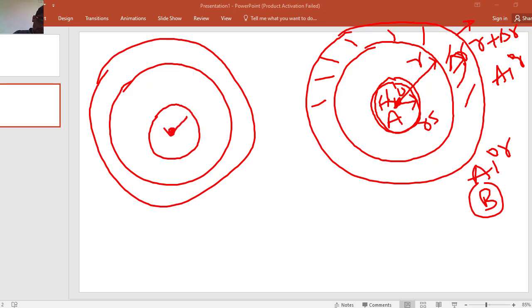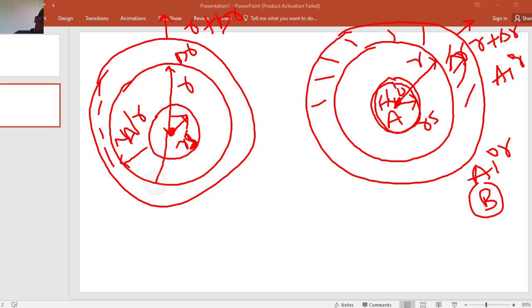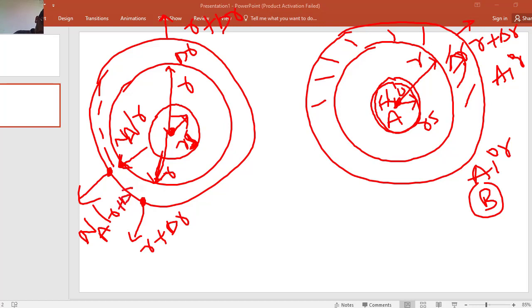So this is RS, this is R, this is the thickness, this is R plus delta R. The flux of A which is passing through this stationary layer is NA at point R. This is the point R, and this is the point R plus delta R. So the flux at this point is NA at R. The flux coming out from this point is NA at R plus delta R.